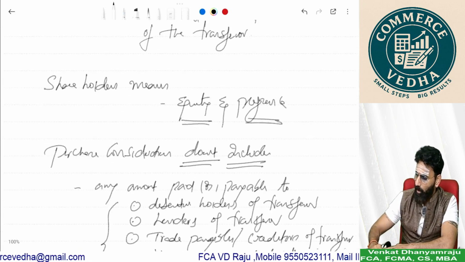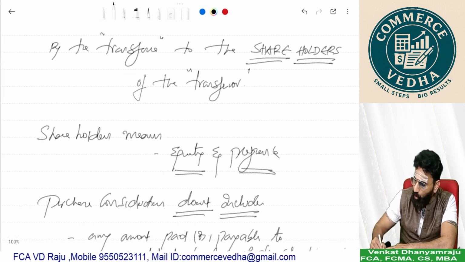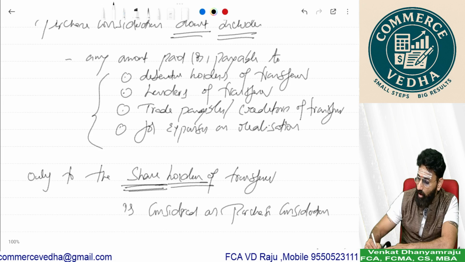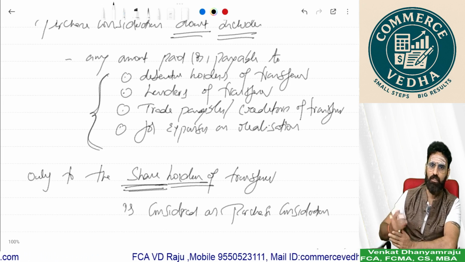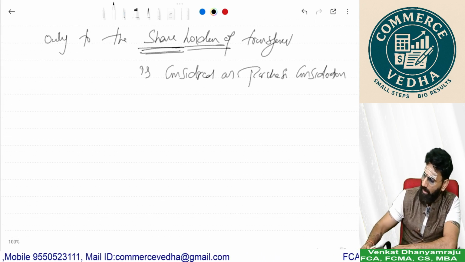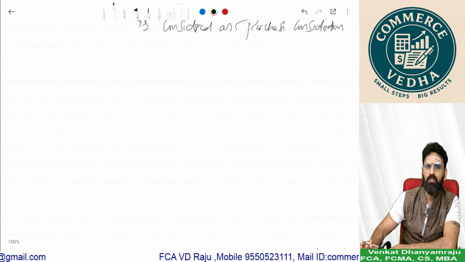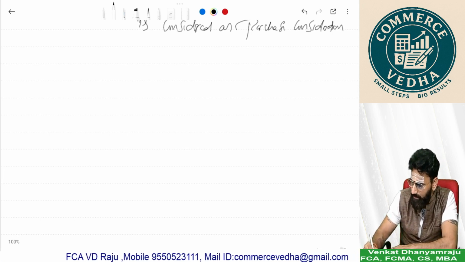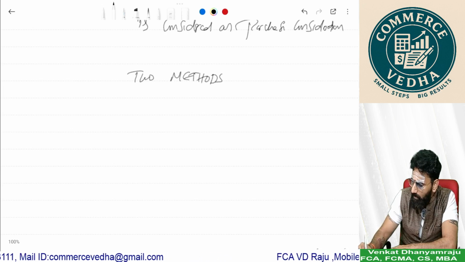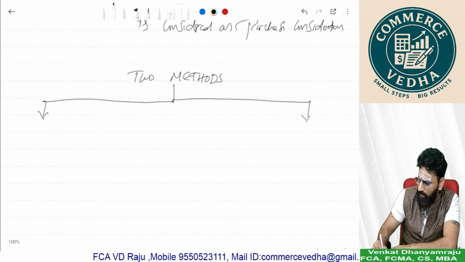So the important items we should know are what is called PC, who are shareholders, and what is not included in purchase consideration. These things should be very clear. Now, how do we compute? Now the computation technically says two methods. You can call 100 methods, but ultimately they end up in these two.